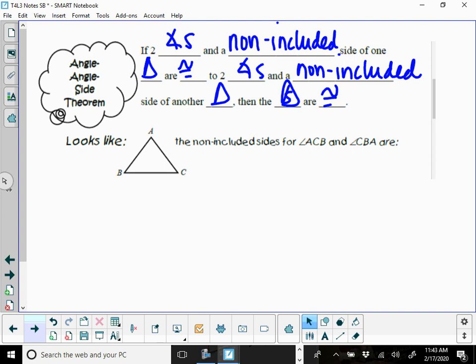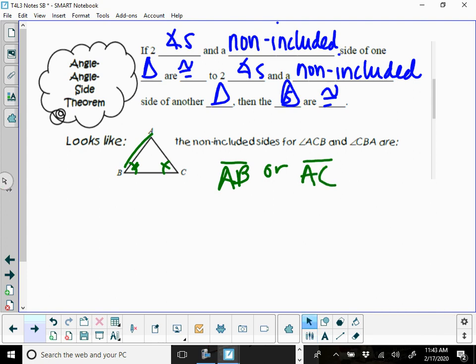All right, so what we've got here is if two angles and the non-included side this time of one triangle are congruent to two angles and the non-included side of another triangle, then those triangles are said to be congruent. Okay, so we've got a triangle drawn for you. Angle ACB is here and angle CBA is here. So the non-included side would either be side AB, which is the side not between the two angles, or side AC.